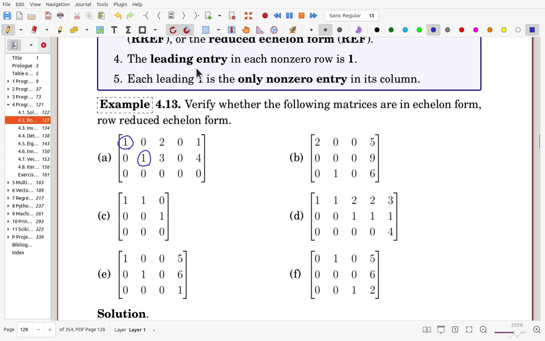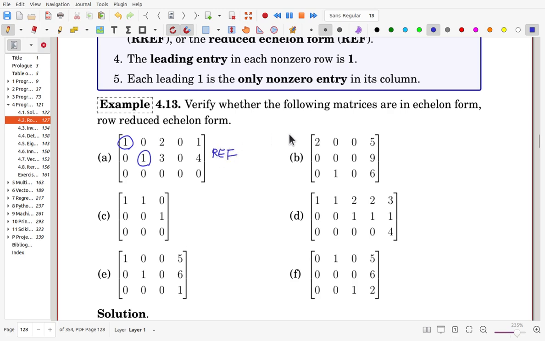Also, the leading entry is 1, satisfying condition 4. How about condition 5? This leading one is the only non-zero entry in its column, so here we have zeros, so these two extra conditions are satisfied, and it is the reduced echelon form.